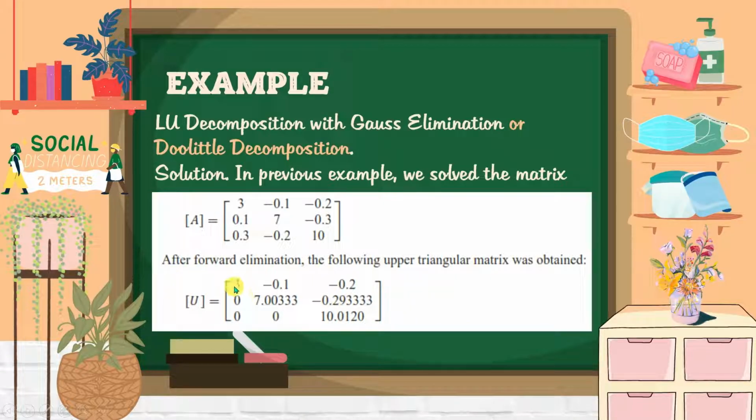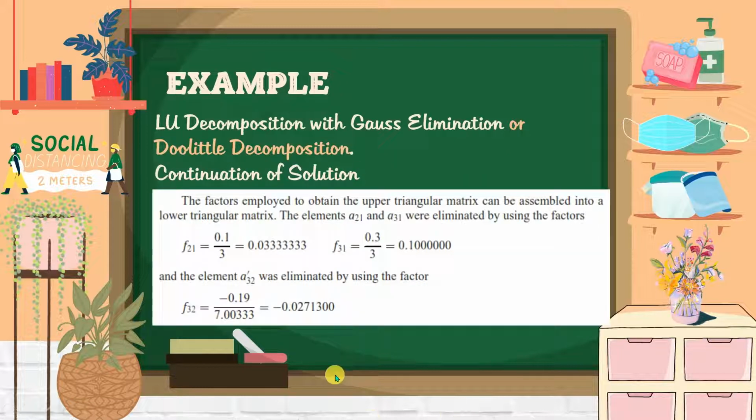So this is simply forward elimination. We have here the elements of the lower triangular form equal to 0. The factors employed to obtain the upper triangular matrix can be assembled into the lower. The elements A21 and A31 were eliminated by using the factors.